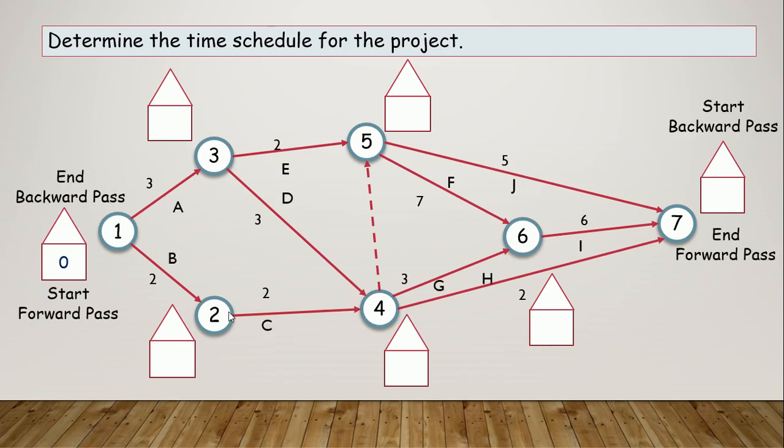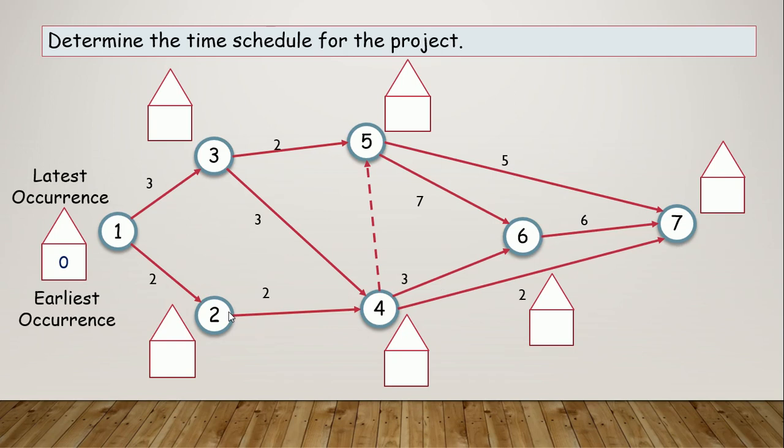A, B, C, D. Okay, let's forget the names A, B, C, D, F. We will use this notation as 1 to 2, 1 to 3. Likewise, this activity 0 plus 2, right here 2, 0 plus 3, right here 3. Okay, moving forward, for 4 we have two options: 3 plus 3 is 6 and 2 plus 2.